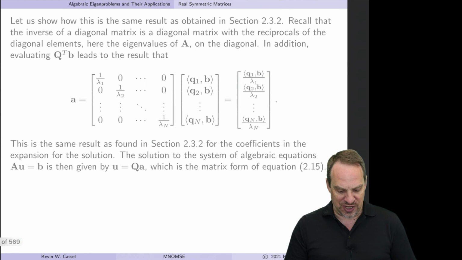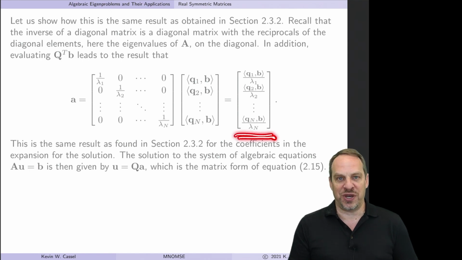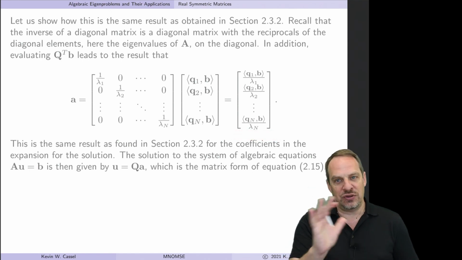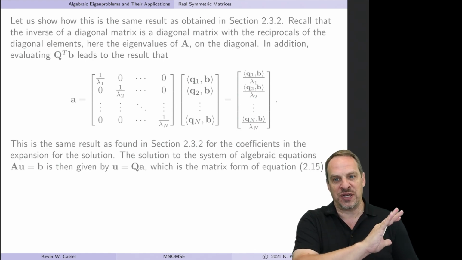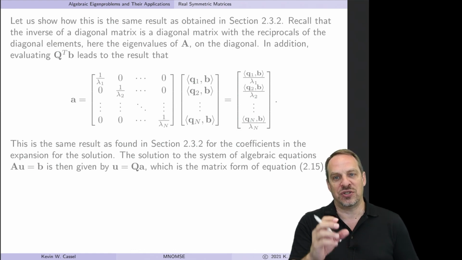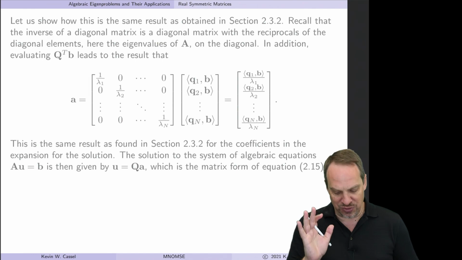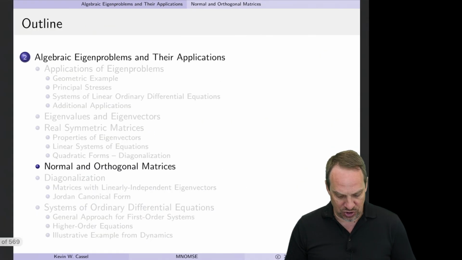You end up with the same thing in the end: the vector of the a coefficients is equal to these inner products divided by the lambdas. That is literally just doing the same process, but now in the matrix notation that we've just developed. Not terribly important, but useful to be aware of.